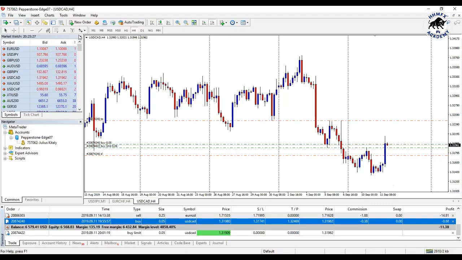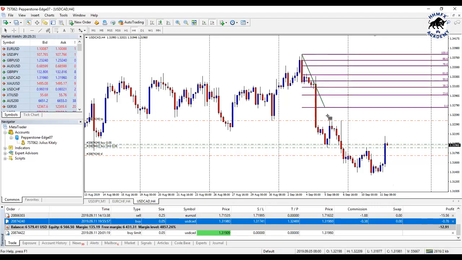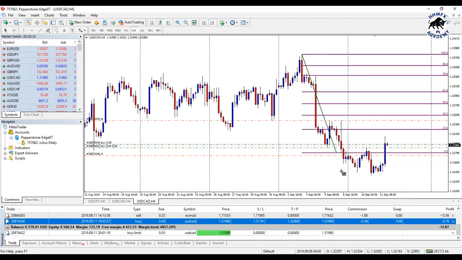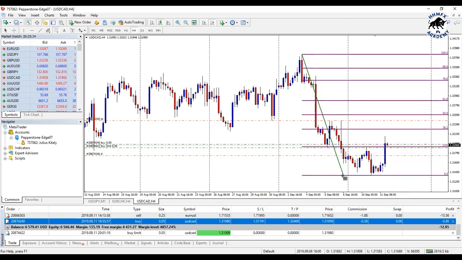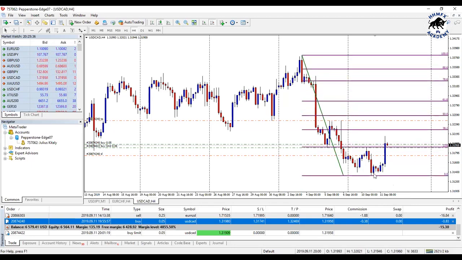So we draw from the peak, from where the market started dropping, to where the market made a reversal. The market made a reversal at the support, this line here.